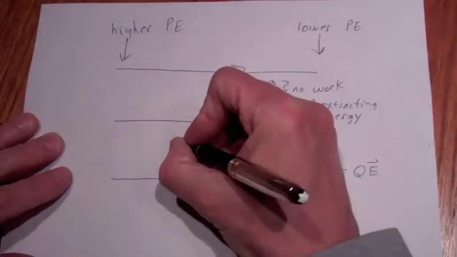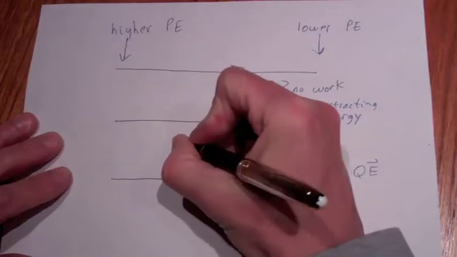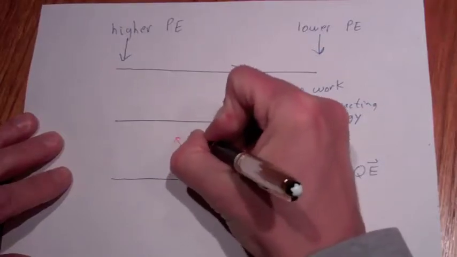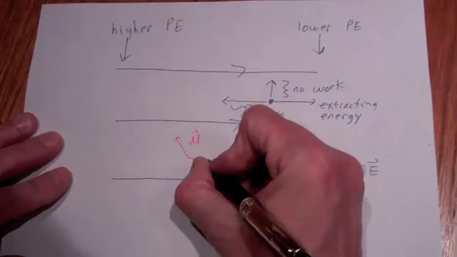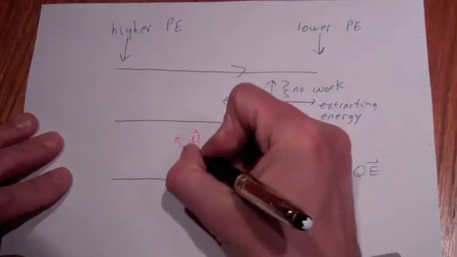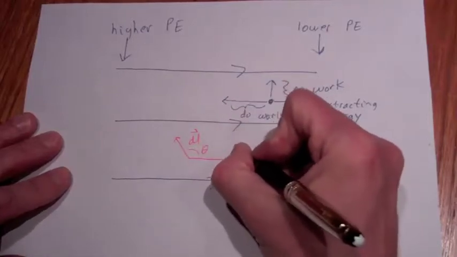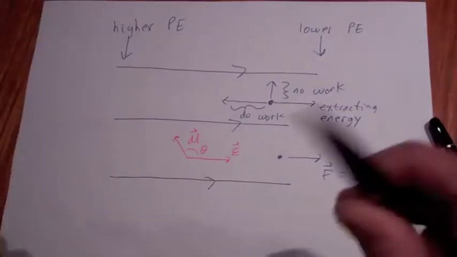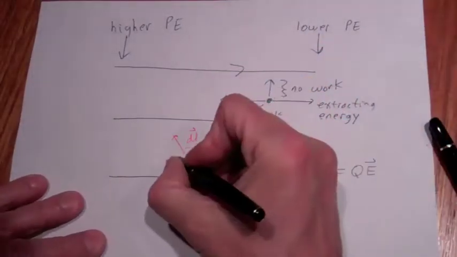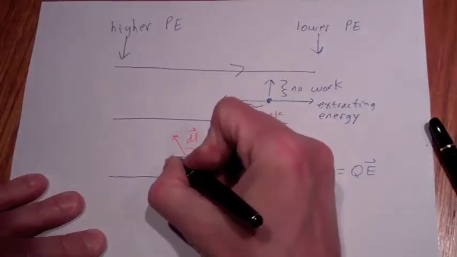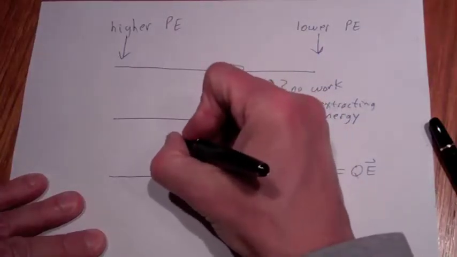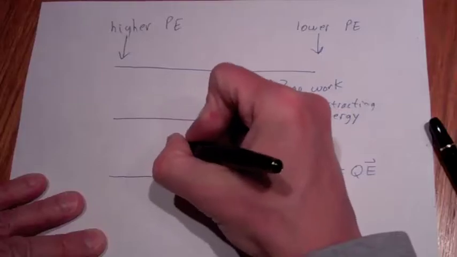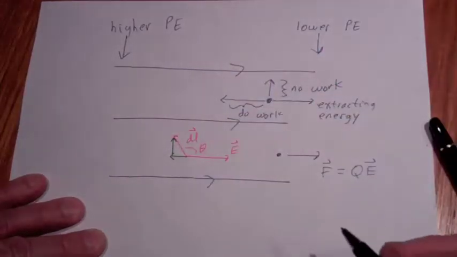Now let's determine the amount of work done moving Q along this path dl that makes some angle theta with the electric field. Moving along path dl is the same as moving along these two paths: the first path directly into the electric field, and then this second path perpendicular to the electric field.